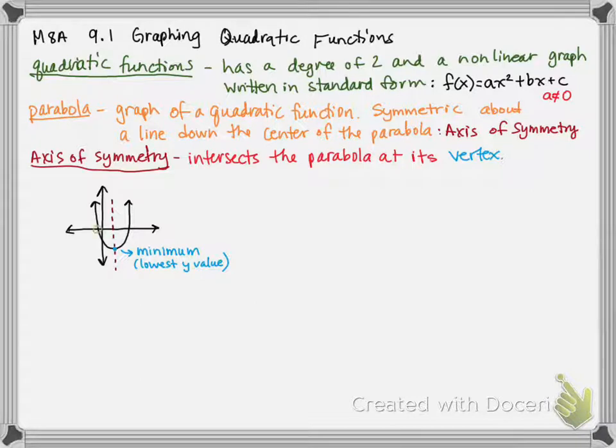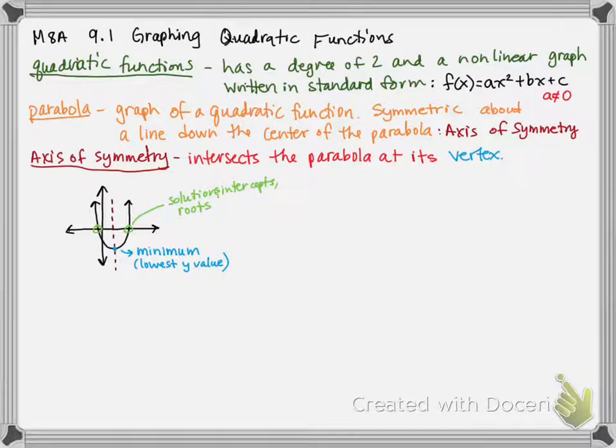Where the parabola crosses the x-axis, that's called the solution. It's also called the intercepts. Let's see, solutions, intercepts, and roots. Okay, and you'll spend a lot of different math years working on that.